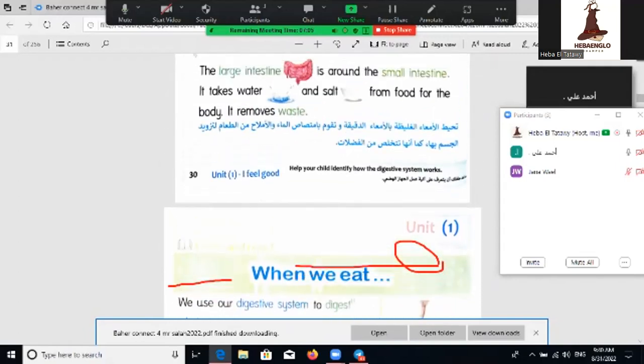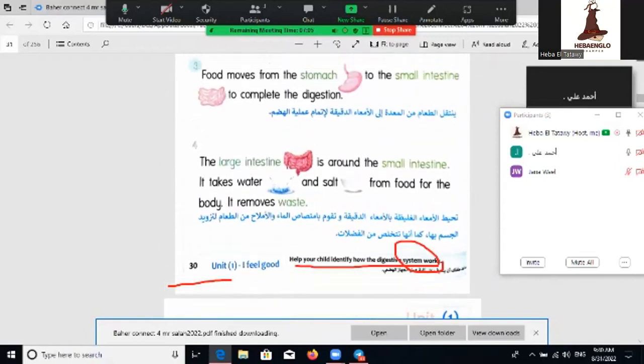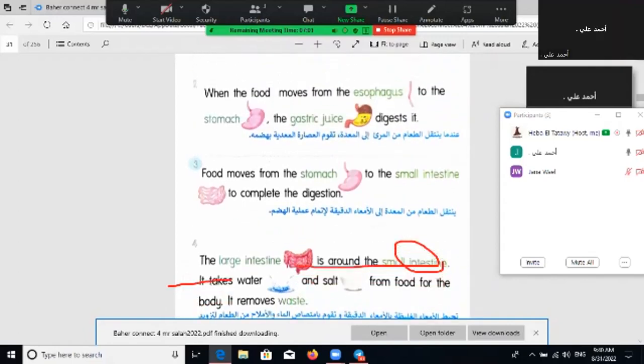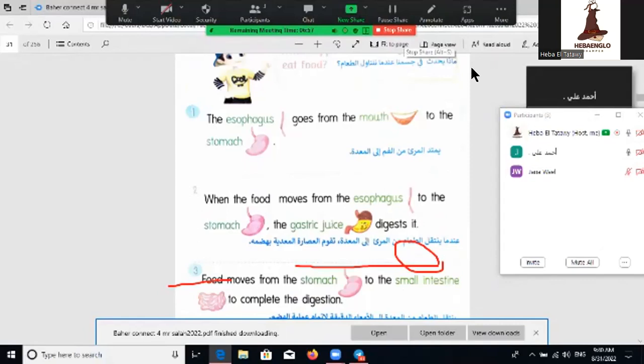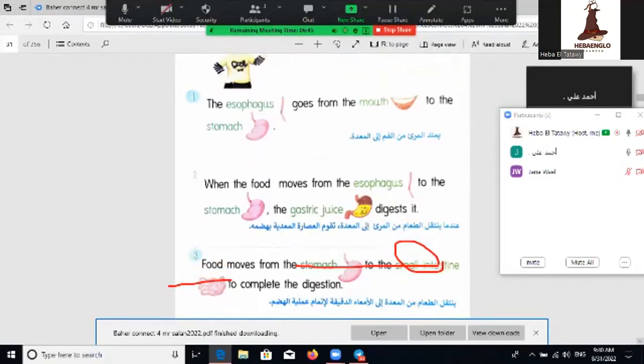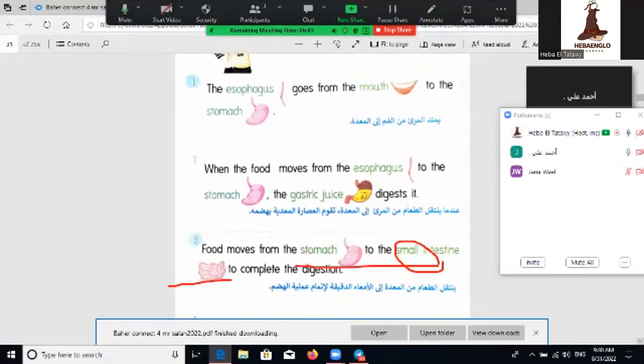The digestion process starts from our mouth, right? Yes. Then the food goes from the esophagus to the stomach. In the stomach, there is a liquid. It's called what?